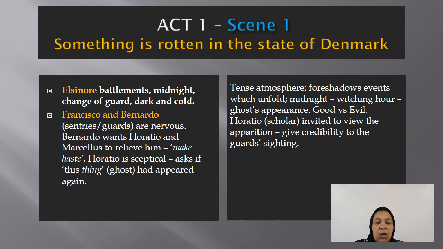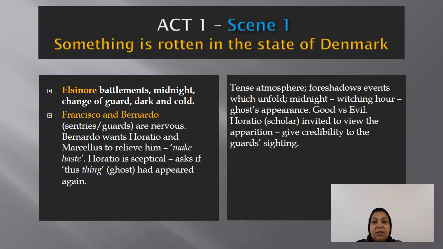And so as the reader, you would understand that the play opens on a particularly sour or bad note. I must remember that something is not quite right in Denmark. There is some evil that is unleashed, etc. That will be clarified when we discuss events as they unfold when the drama opens.